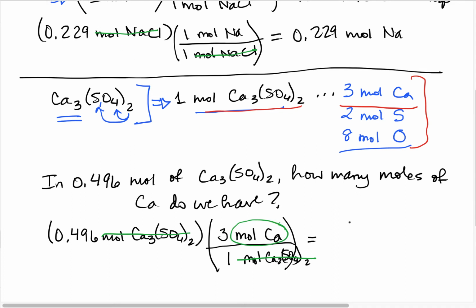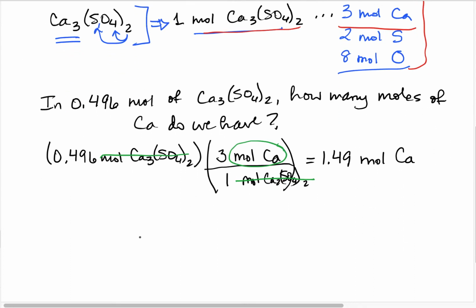So we will get 1.488, but we'll round that to 1.49 moles of calcium to keep our 3 significant digits. Okay, so what if you wanted moles of oxygen instead? You would set it up exactly the same way. Go ahead and take a second and do it. You can pause the video.